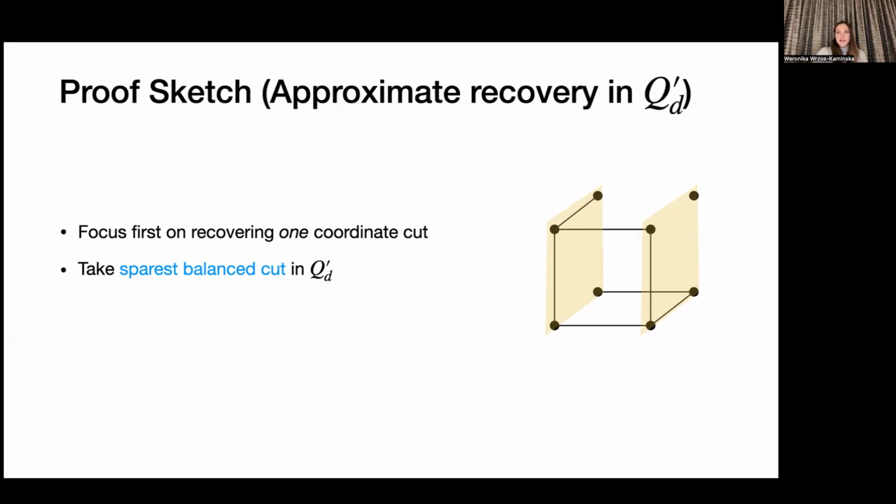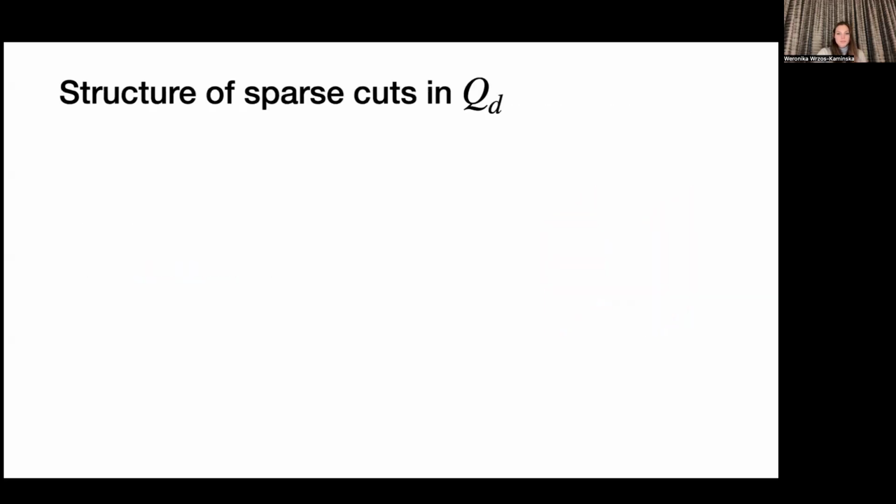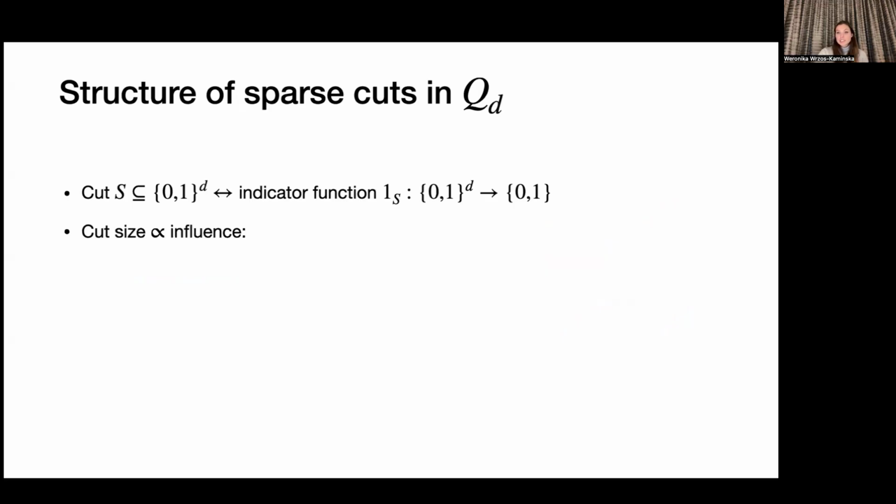Let's try to understand what sparse cuts look like in the hypercube before we subsample anything. For this, it will be convenient to view cuts as Boolean functions on the hypercube. For any cut S, just think of it in terms of the indicator function that maps each vertex to 1 if it's on one side of the cut and 0 if it's on the other side of the cut. Now, it turns out that the size of a cut is proportional to the influence of the indicator function.